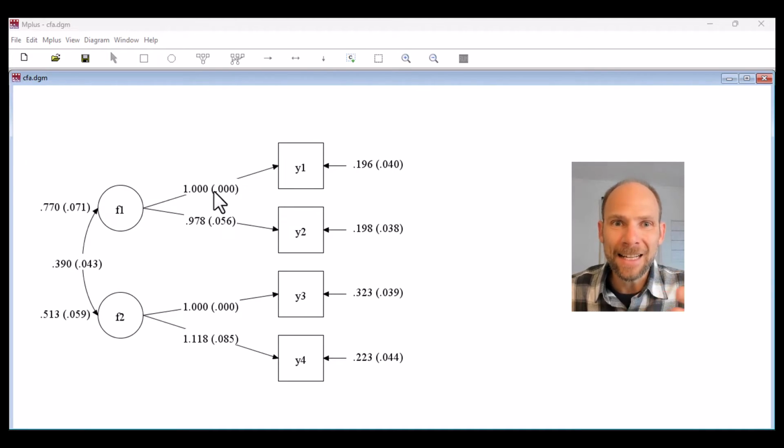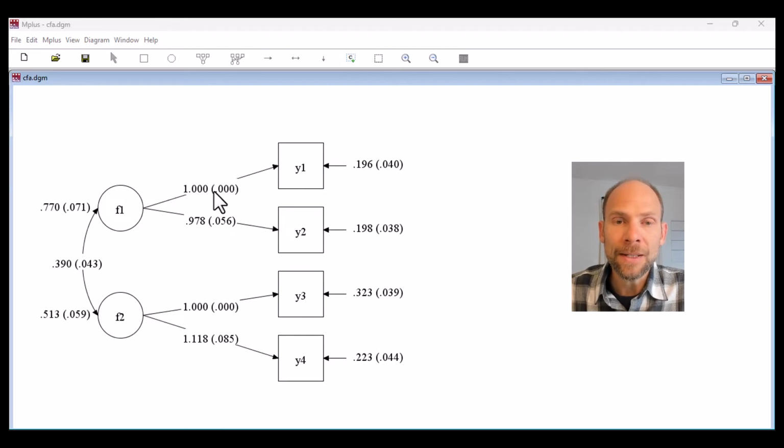So the unstandardized loadings are kind of arbitrary in a way because there's no unique definition of the factor metric, and so that has to come from somewhere, and it can either come from fixing one of the loadings to 1 or from directly fixing the factor variance to a value, for example, to 1.